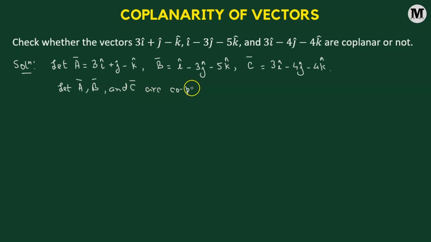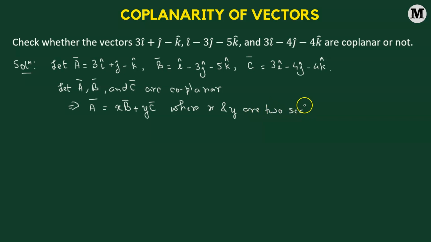Now, if they are coplanar, there's a particular relationship between these three vectors: we can take any one of the vectors and always represent it as a linear combination of the other two vectors. So that means we have x times b vector plus y times c vector, where x and y are two scalars. Fine.